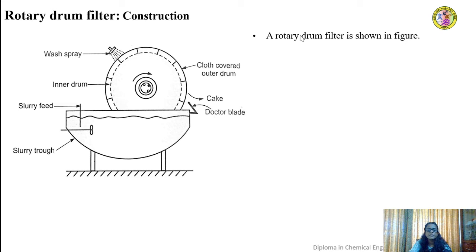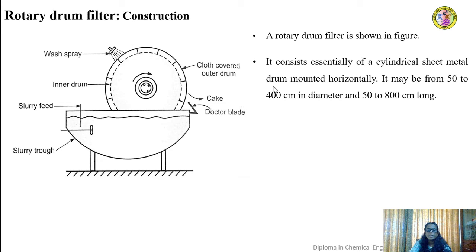Coming to its construction, the rotary drum filter is as shown in this diagram, which in a simple manner shows the different parts of a rotary drum filter. It consists of a horizontal cylindrical sheet metal drum that is having a size of around 50 to 40 centimeter diameter and around 50 to 800 centimeter length.